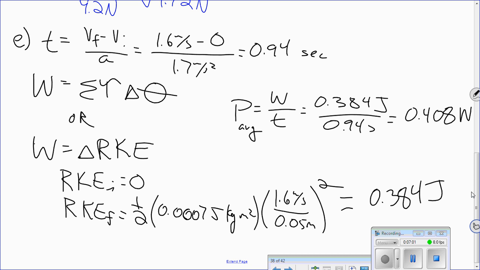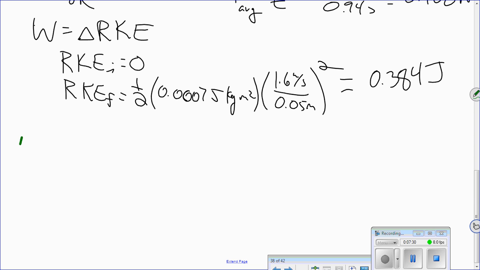All right, and then the last question asks, what's the instantaneous power at the end of the 0.75 meters, so at the end of the problem? You can either do force times velocity, I guess net force times velocity, or you can do net torque times omega. So last thing, question F. I did net torque times omega.